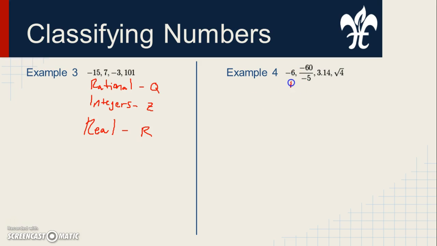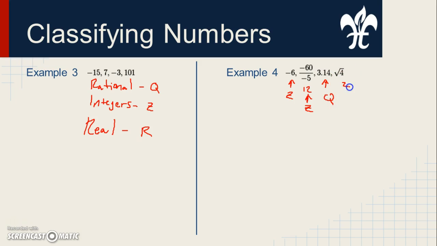This is an integer. When I divide 60 divided by 5, it comes out really nicely to 12, because they're both negatives. So this is also an integer. This is a truncated decimal, a terminated decimal. So we know that this is actually going to be rational. So we'll just go ahead and say integer, integer, rational.